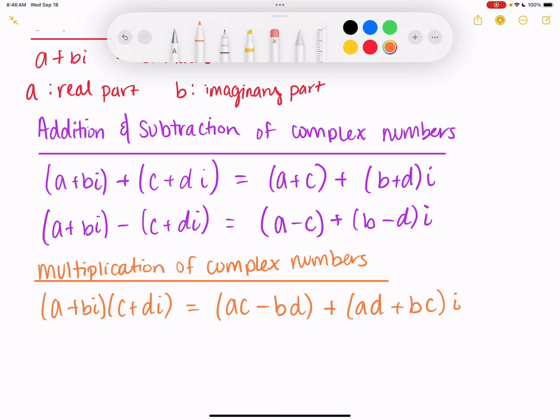Essentially, all they're doing is foiling, and then they're putting the real part in the front and then the imaginary part in the back. That's why it's written like that. So if you just straight up foiled this, we would end up getting to this when we simplified it down.